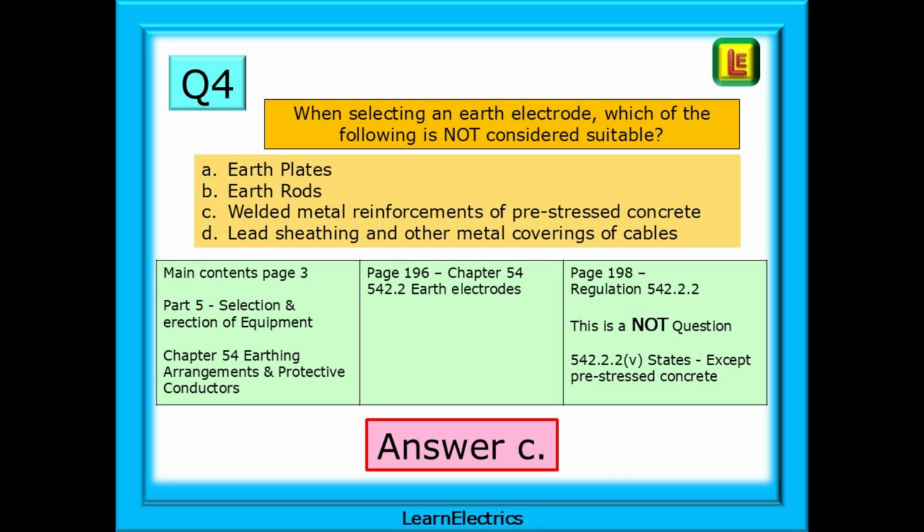Start at page 3 again. Against part 5 is chapter 54 about earthing arrangements and protective conductors, prompting us to go to page 196. On page 196 we have chapter 54 contents page, showing that section 542.2 is about earth electrodes.